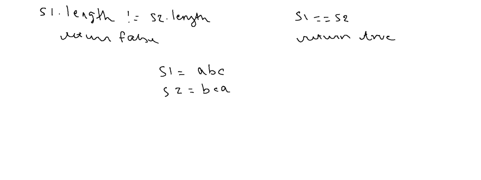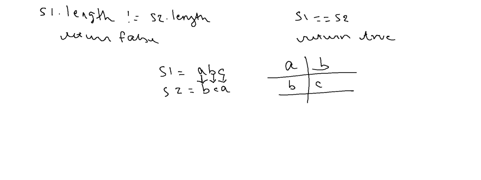In the map I'll hold this mapping: A maps to B, B maps to C, and C maps to A. Now if there is one more mapping, for example A and D, so A maps to D, then the out degree of A is more than 1. So we're going to return false if we have this kind of mapping. We are going to use a hash map for that.